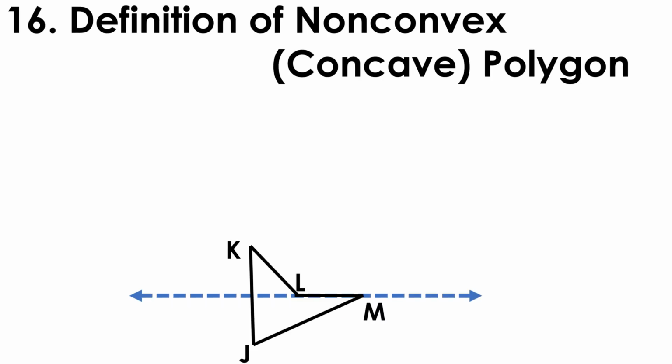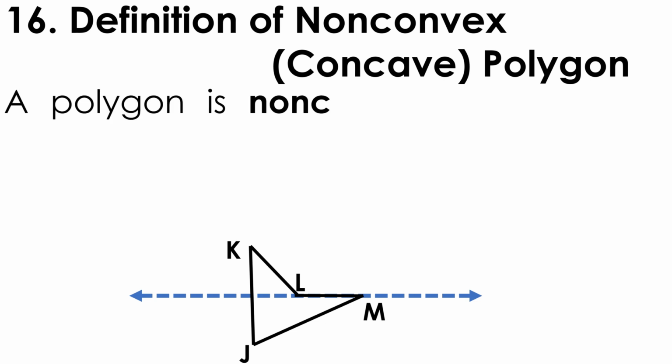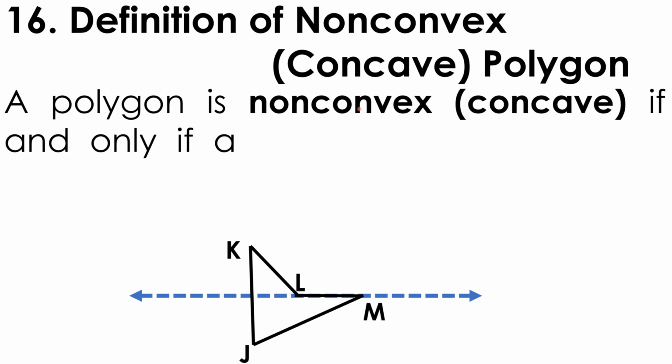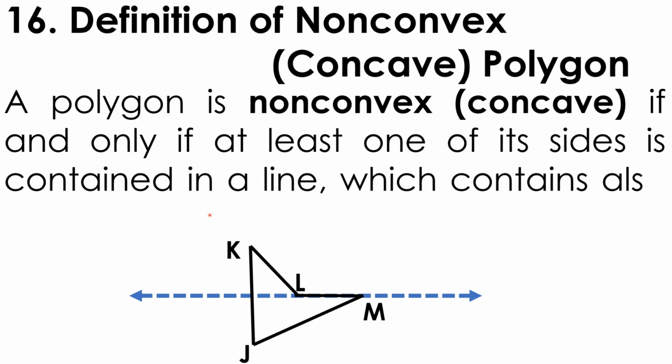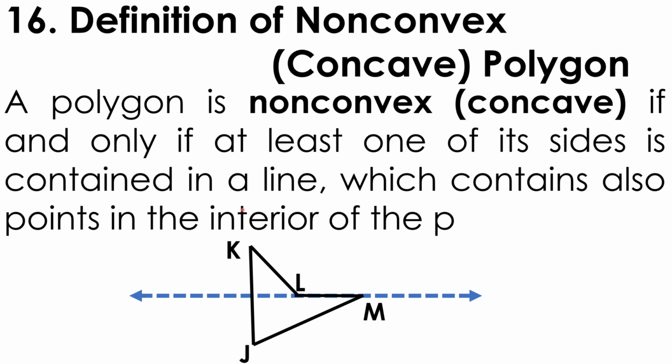Now let's proceed to the definition of a non-convex or concave polygon. A polygon is non-convex or concave if and only if at least one of its sides is contained in a line which also contains points in the interior of the polygon. Now I have here the figure. This is line LM, which contains line segment LM, and also contains points in the interior of the polygon.